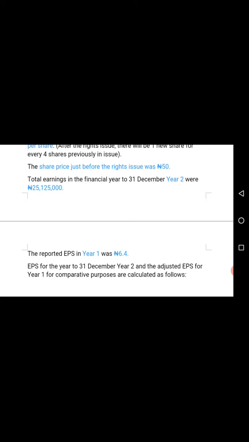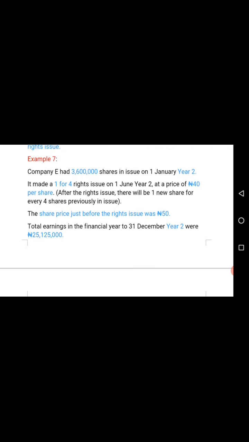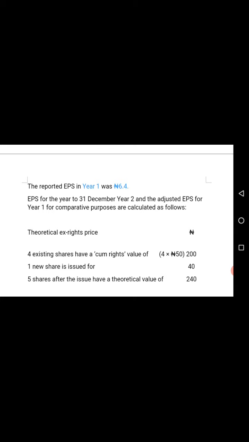Now in year 1 they've already given us the EPS, so we don't need calculating it. Our interest is year 2, and it says EPS for the year to 31st December year 2 and adjusted EPS for year 1 for comparative purpose are calculated as follows.